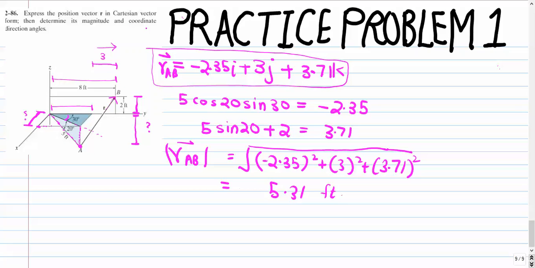Okay, and now let's move on to the last part of the question, that also wants us to calculate the coordinate direction angles. And to calculate those, we will need to use the coordinate direction angle formula. So let's do that. So cos of the coordinate direction angle for the length vector from A to B for the x-axis would be equal to the component of the vector AB in the x direction, and from this Cartesian vector form we can see that component is negative 2.35 divided by the magnitude of the vector, which is 5.31.